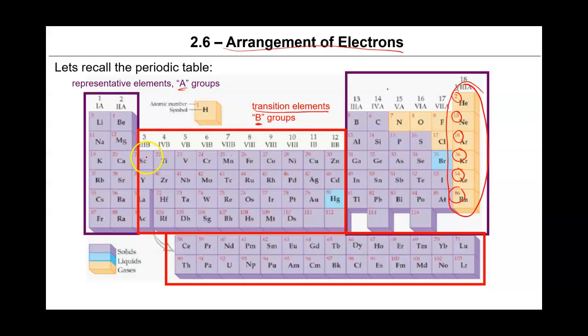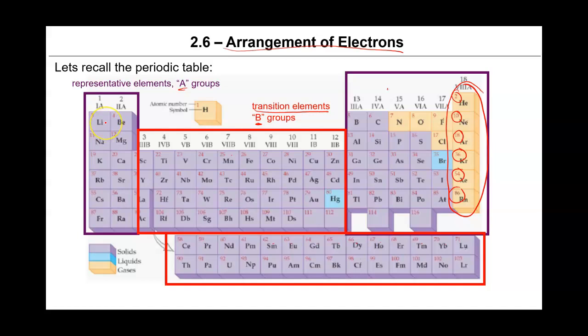The second block, where the B groups are, is 10 columns wide, and the block over on the far right hand side is 6 columns wide, and then this block at the bottom here is 14 columns wide.